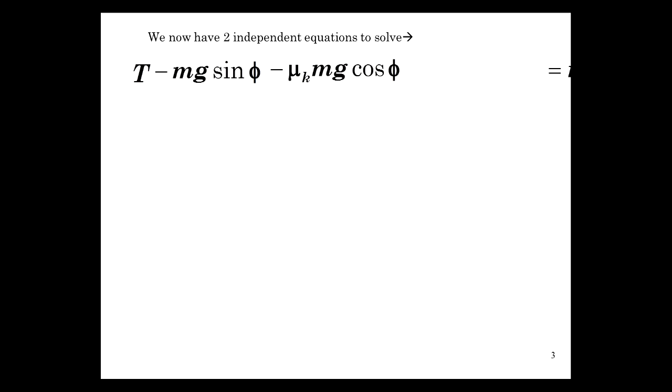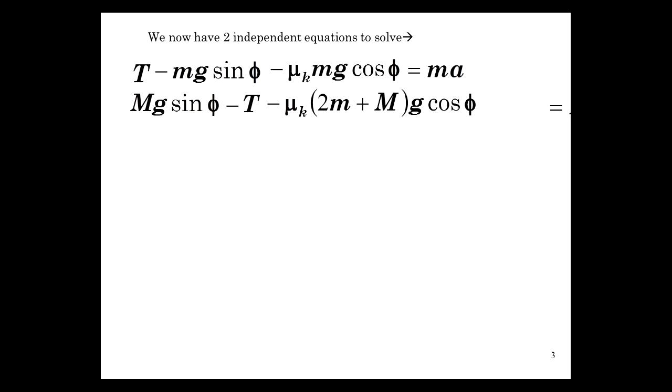So now we have 2 independent equations that we just solved. If you need to, go back and go through again how we did that. So we have these 2 expressions, and you'll notice that there's a T here and a minus T here. It kind of is begging to be added together. They are begging to be added, and we'll eliminate T when we do that.